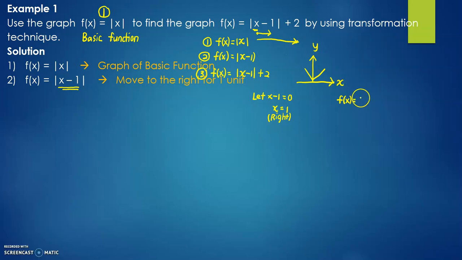Don't get confused: compare |x - 1| with |x| - 1. For |x - 1|, this is x minus 1 inside, so it is moved to the right, whereas for |x| - 1, this is moved down.